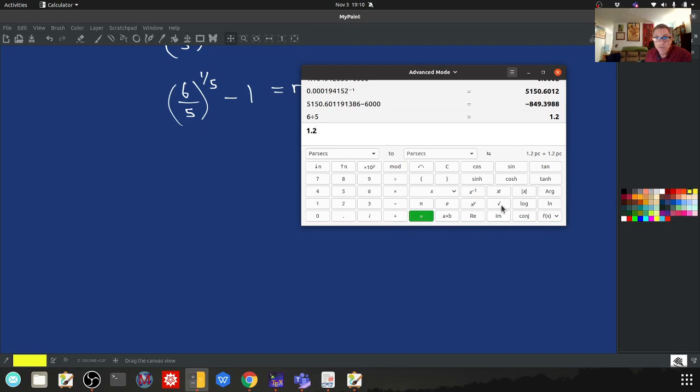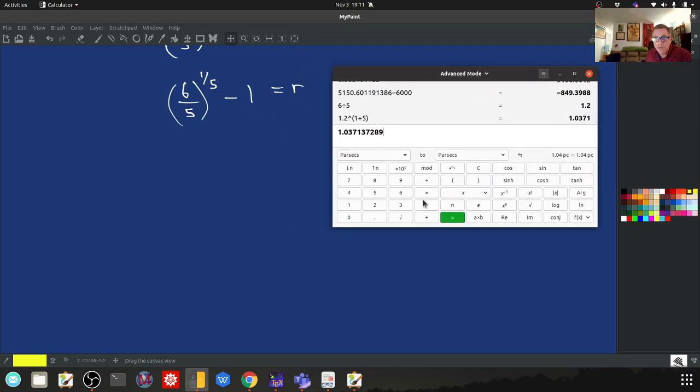And I'm going to raise it to the value of 1 divided by 5. Now I'm going to hit equal. And then I'm going to subtract. So this value right here, 6/5 raised to the 1/5, is 1.037. And then to get my r value, I'm going to subtract 1.